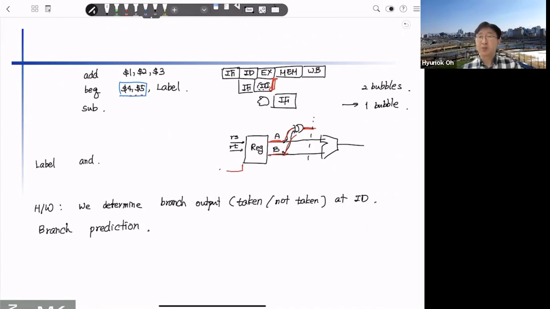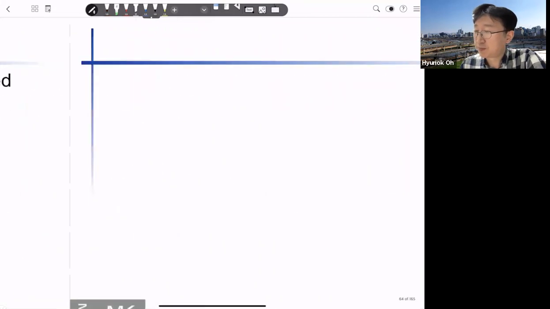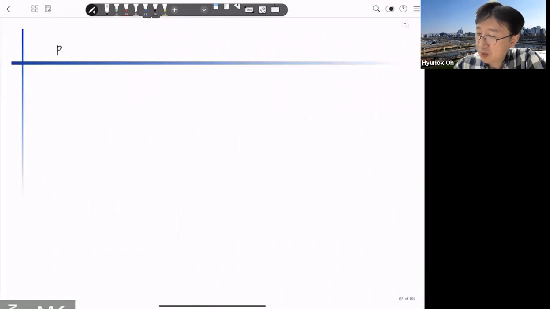In the branch case, we don't know whether this is taken or not taken. Taken means it's jumping, not taken means it's not jumping. Right? So branch prediction means we are just predicting the branch.